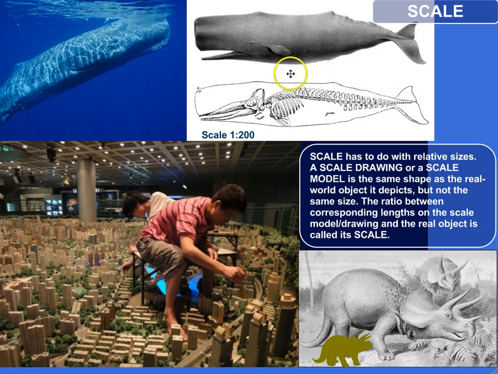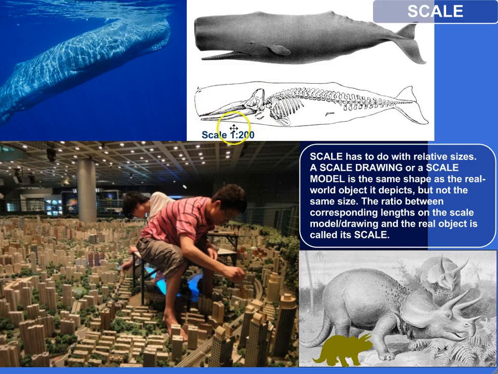And that's what makes this the same shape as the real object. Everything is proportional. So the scale of a scale drawing or scale model is the ratio between the corresponding lengths.